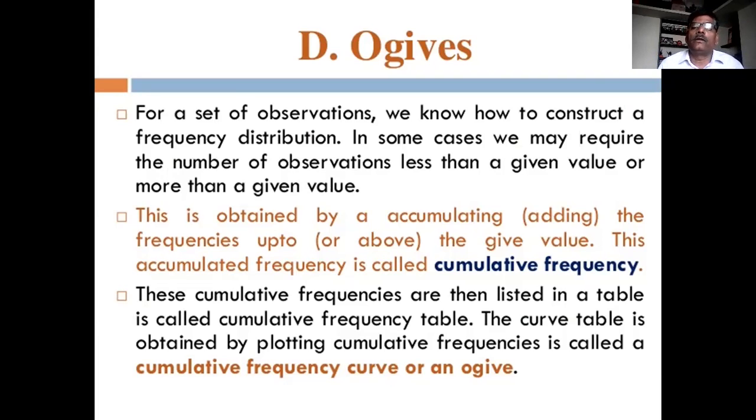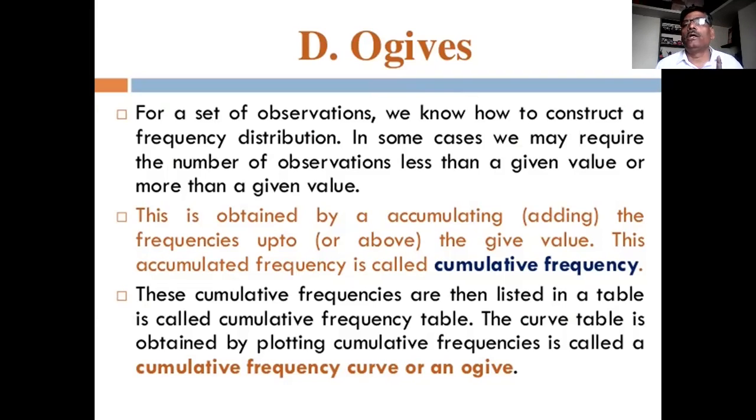On the basis of the cumulative frequency table, we draw the graph. That graph is called an ogive curve. With the help of the ogive, we calculate the median.